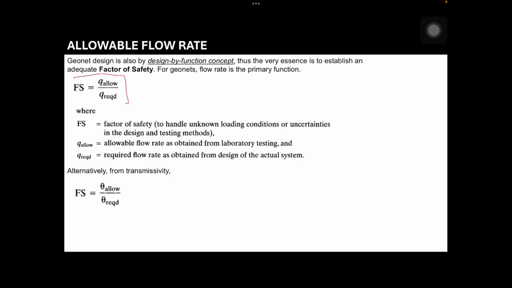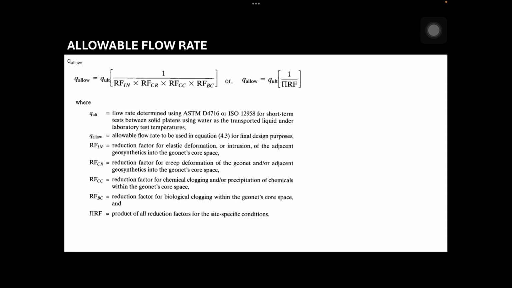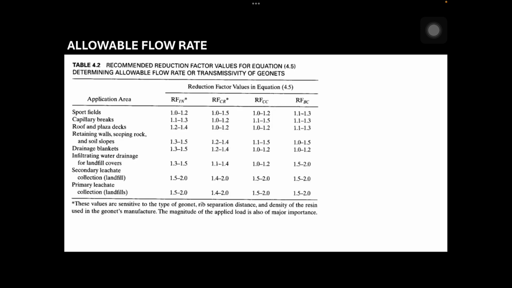So, we have this general equation for factor of safety, Q allowable, ito yung kaya ng material mo, and then required is yung anong kailangan ng system mo per your design. So, Q allowable is yung ultimate, then multiply mo siya ng several factors. So, for Geonets, ito yung mga factors na kailangan. Nandito sila sa table na to.